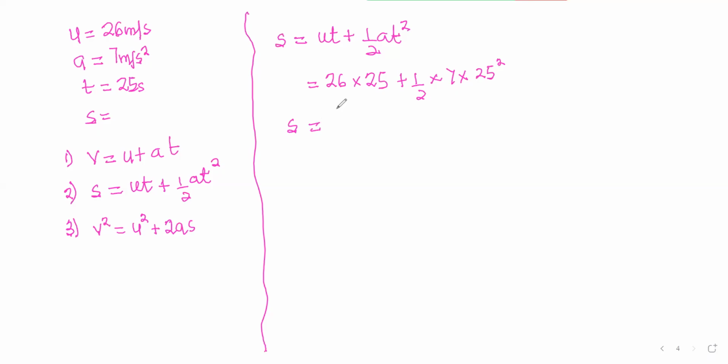S is equal to, what is 26 times 25? 26 times 25. 650. 650. Good. This plus square 25 and multiply by 7. When you finish, you divide by 2.